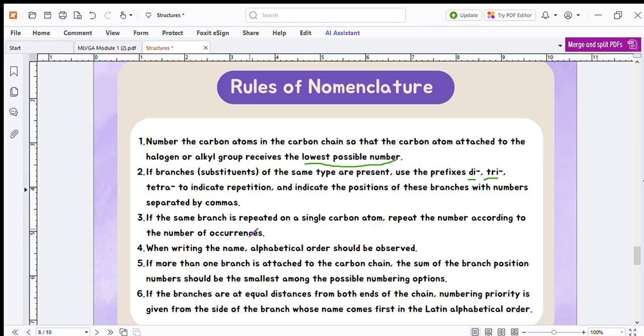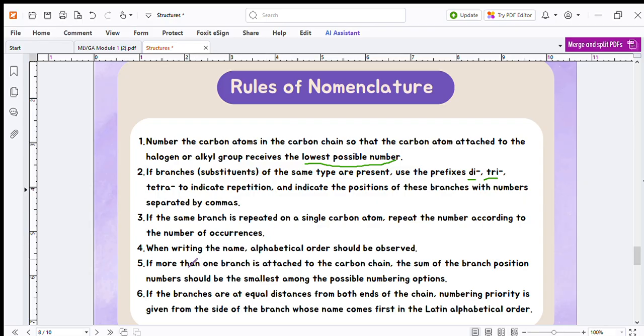Then, yung sa carbon 1, dalawa po ang attachment sa kanya. Meron pong dalawang methyl groups. So sabihin natin yung carbon 1 ay 1,1-dimethyl. Mapapansin lang po natin ito when it comes to the examples.